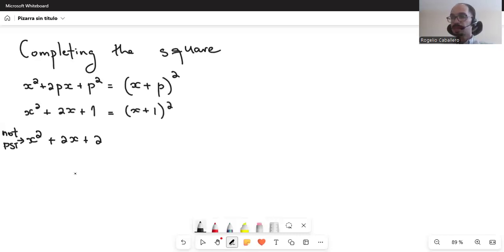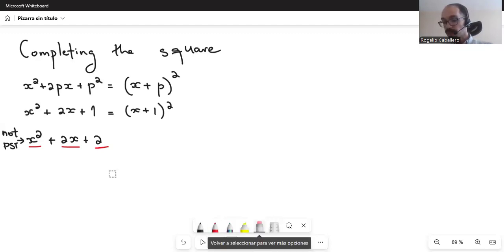How do we know that? Well, we have the term x squared, so far that's a perfect square. We have 2, but the third term is not twice the product of the square roots of x squared and 2. We don't see a square root of 2 here, so that already tells us that this is not a perfect square trinomial.